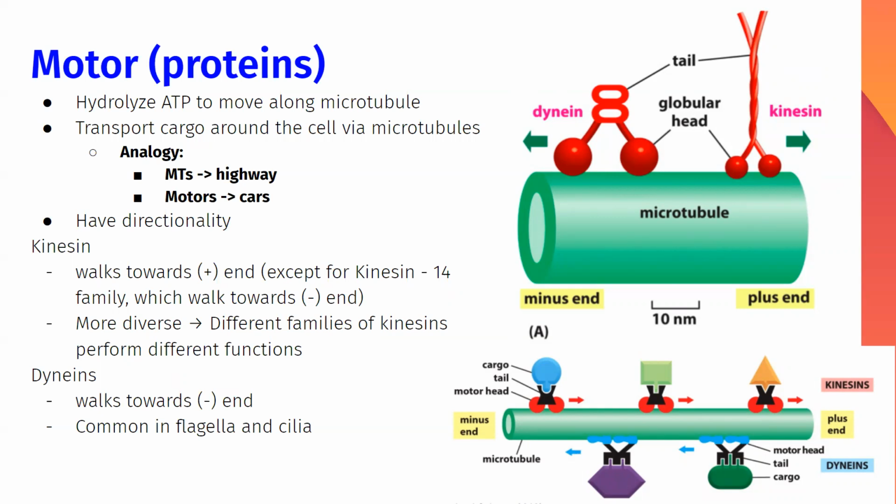We need to know that if tau misfolds or associates, it agglomerates, and that leads to misfolded protein. Basically, tau stabilizes the microtubule by binding to the microtubule.